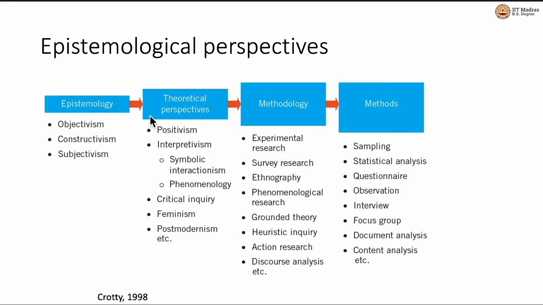Based on the epistemology, there are different kinds of theory, such as objectivism, constructionism, and subjectivism. Within the epistemology, there are also theoretical perspectives, which include positivism, interpretivism, critical inquiry, feminism, postmodernism, and so on.